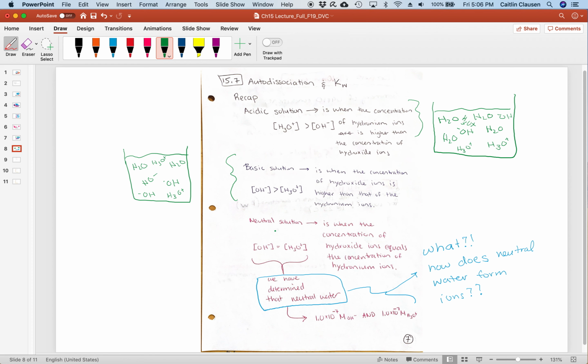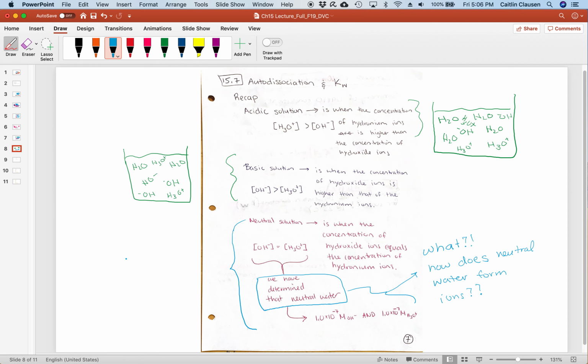Now for a neutral solution, so neutral water, we have something a little strange. You would think a neutral solution would have 0 hydroxides and 0 hydroniums, but that's not the case.